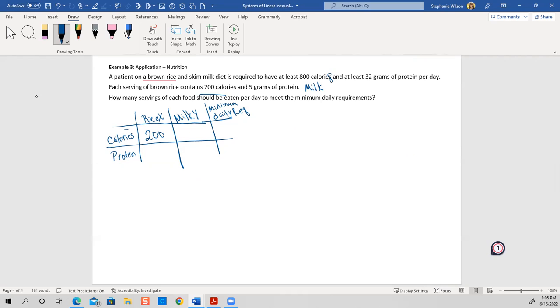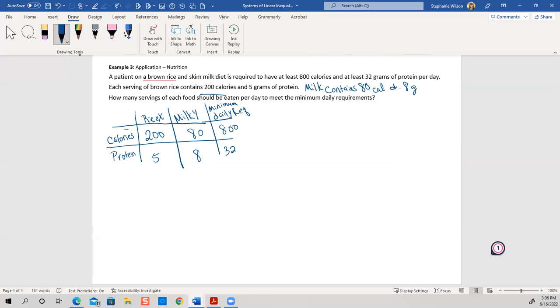This milk contains, I was looking at the number above it, 80 calories, and it has 8 grams. So we're going to put that here. All right, and the minimum says 800 calories to 32.